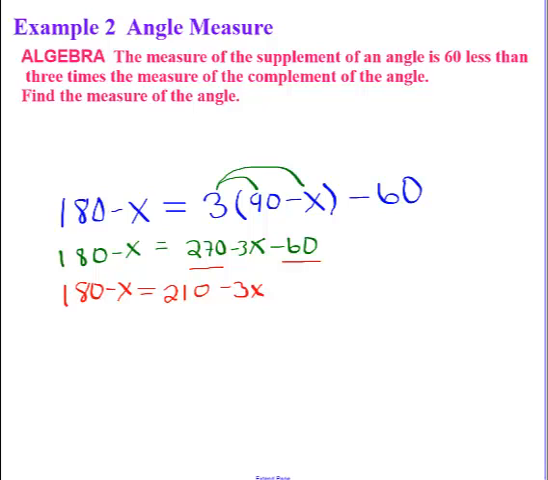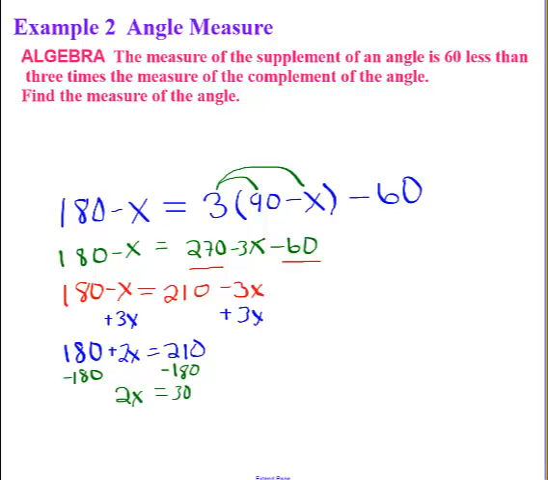Now we could add 3x to both sides, giving us 180 plus 2x equals 210. Now I could subtract 180 from both sides. Then I would have 2x equals 30. To get the 2 off of the x, since it's being multiplied, I would need to divide both sides by 2. x equals 15. So the measure of the angle is 15.